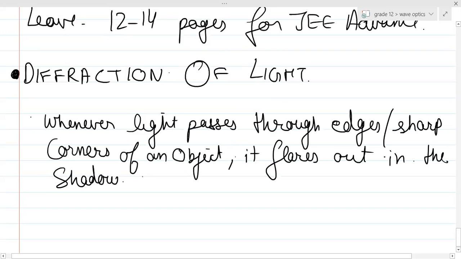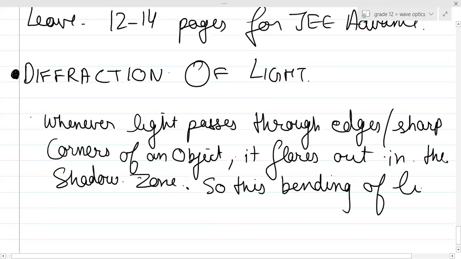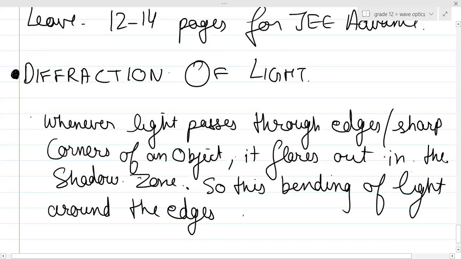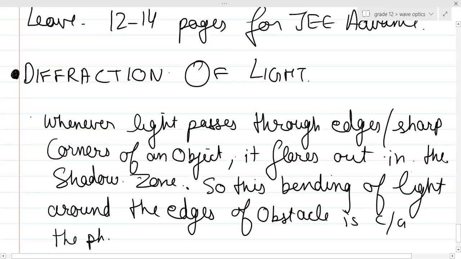Don't worry, I'll draw a diagram. So this bending of light around the edges of an obstacle is called the phenomenon of diffraction of light.